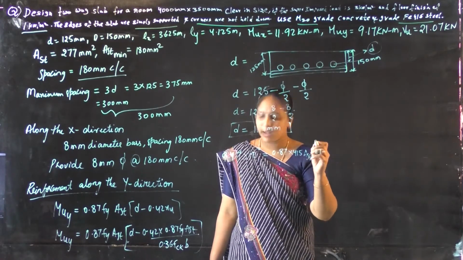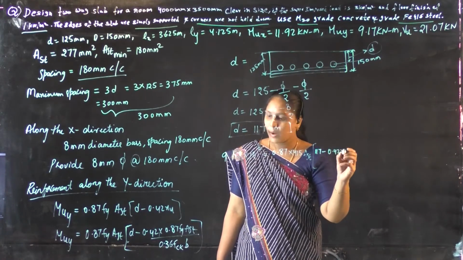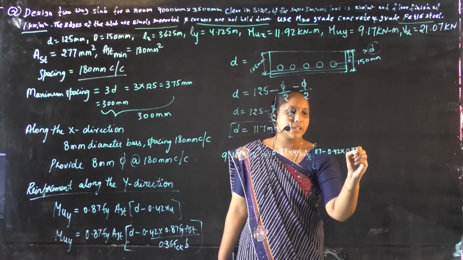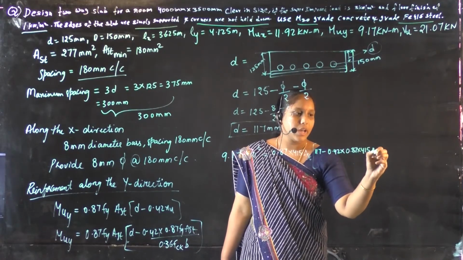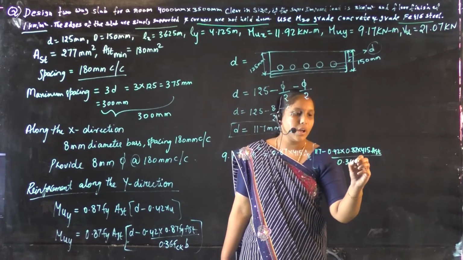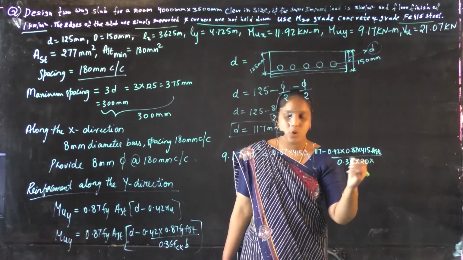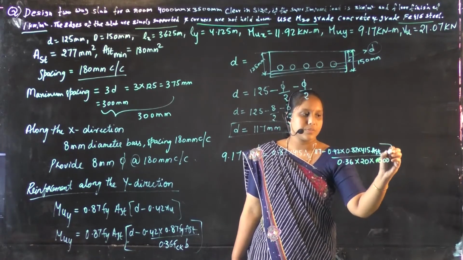It is 117 minus 0.42 into 0.87 into Fy is 415 into AST divided by 0.36 into FCK is 20 into B. B here is how much? It is 1000.